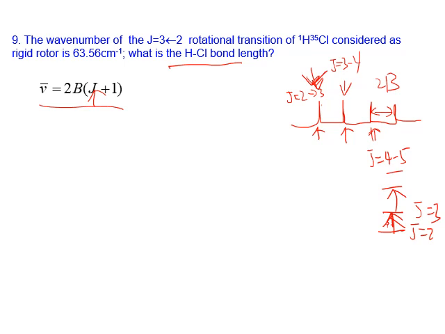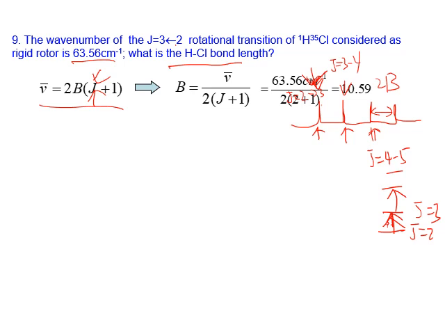Here that's 63.56, and J is from 2 to 3, so you plug in 2 here. 2 plus 1 is 3, 3 times 2 is 6B. So you can calculate the B. Now, what is B?